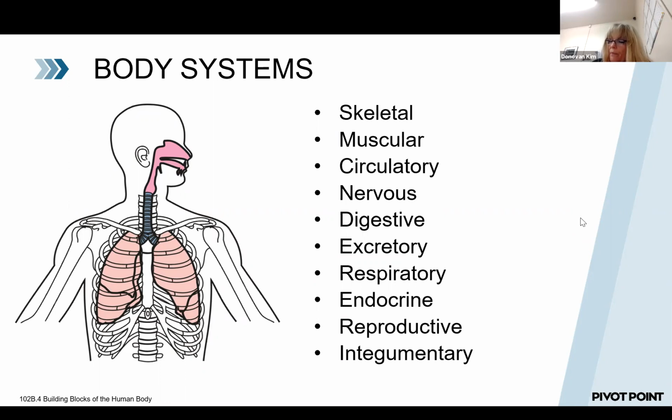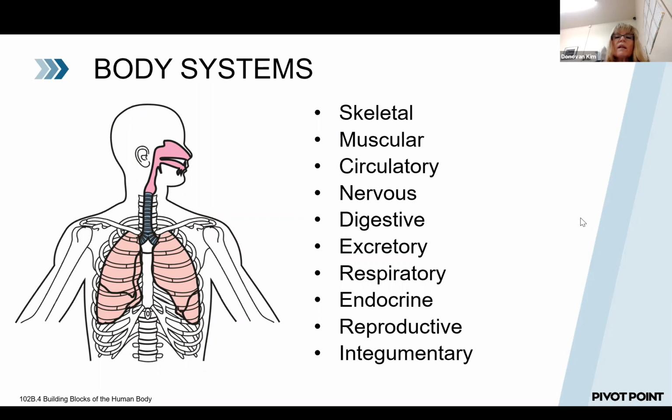M is for muscular. This controls all your body movement. D is digestive. This right here is going to supply food to your body. R is for respiratory. This one here controls the breathing.